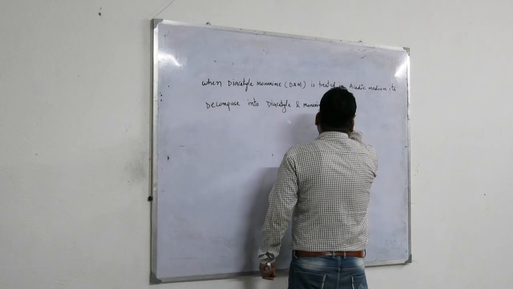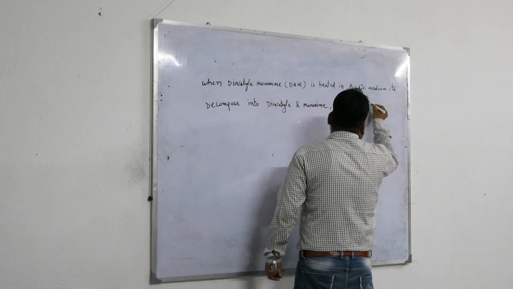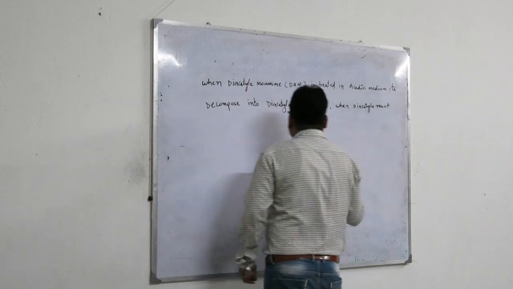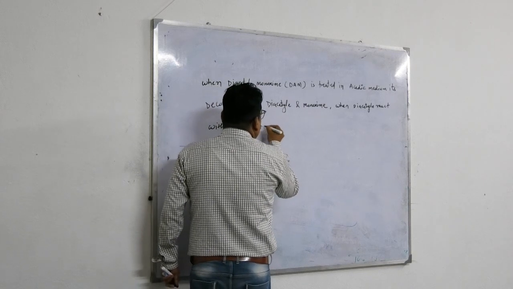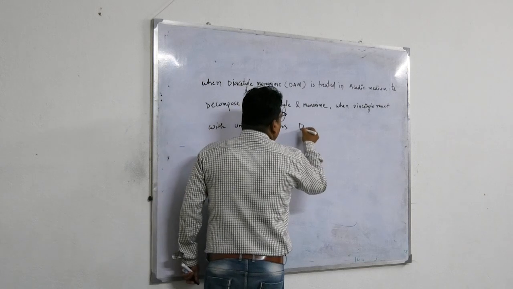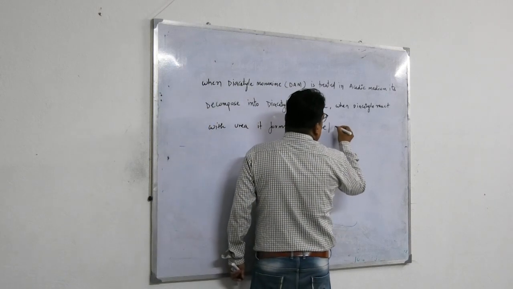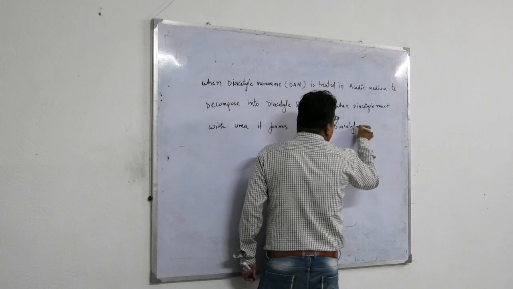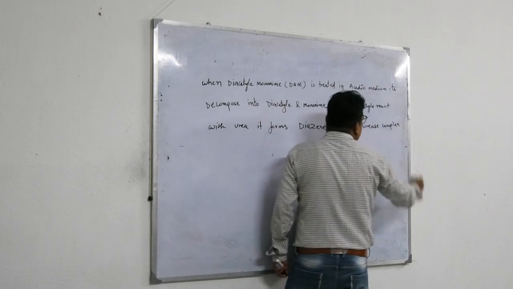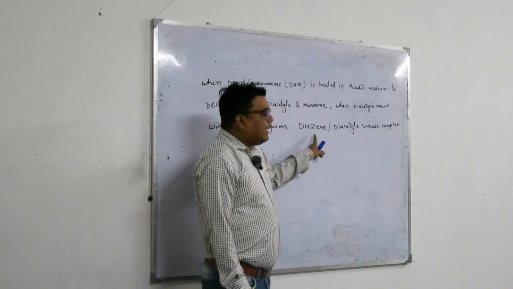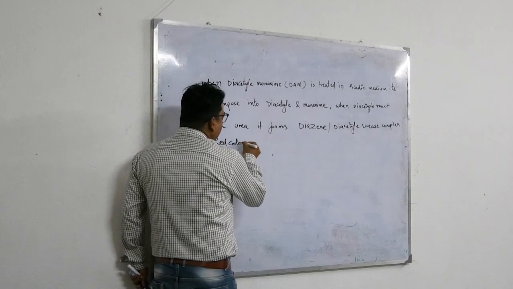Now write: when diacetyl reacts with urea, it forms a diazine diacetyl urea complex. In brackets write pink color complex.